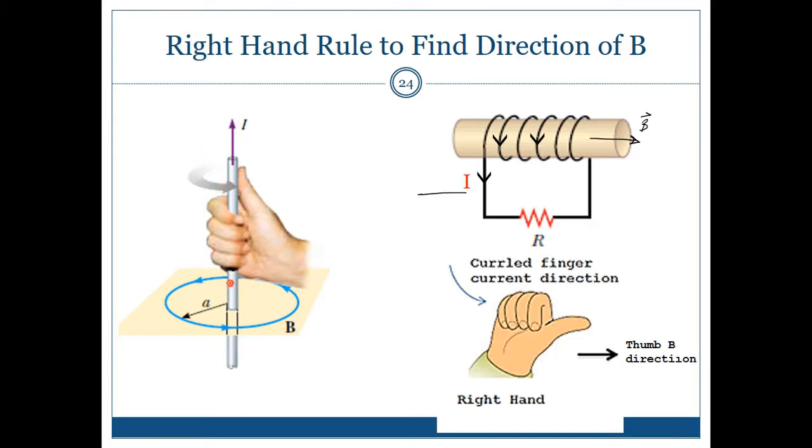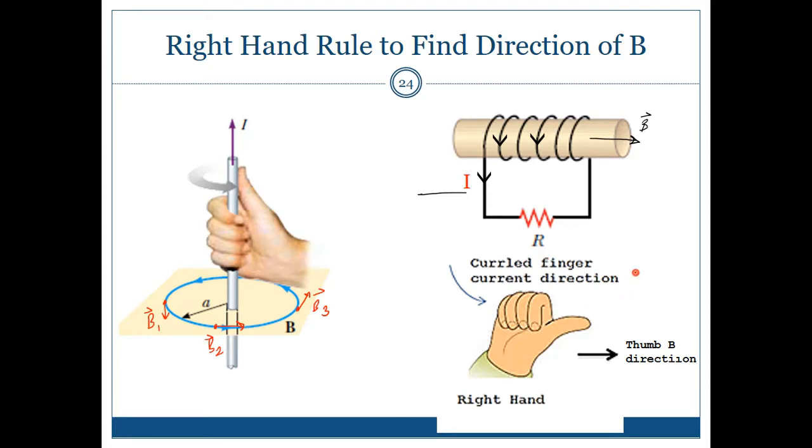So this blue circle would represent the direction of B field, and if you wanted to calculate B field at a certain point on this plane, you would have to draw a tangent to the circle to find the local magnetic field direction. Let's say at this point we have a B2. Let's say at this point, tangent to the line, we have a B3.